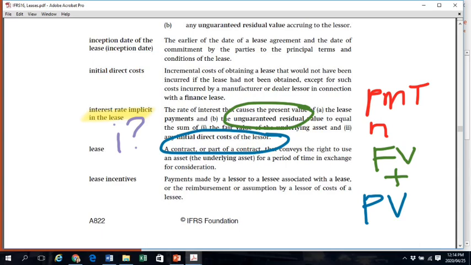So your present value represents the total value for the lessor that's being financed. And then your payment and future value variables will be everything that the lessor expects to get back. On that, he needs a proper rate of return through interest, and that is how you will calculate your interest rate implicit in the lease.